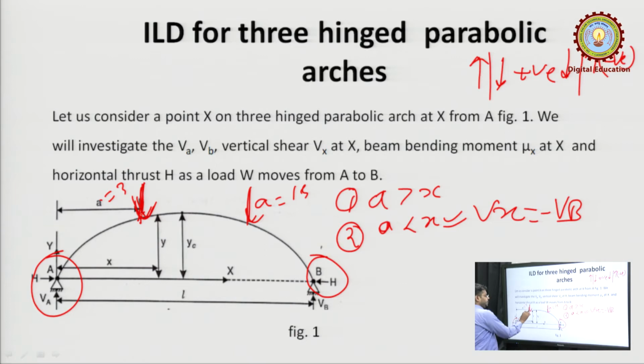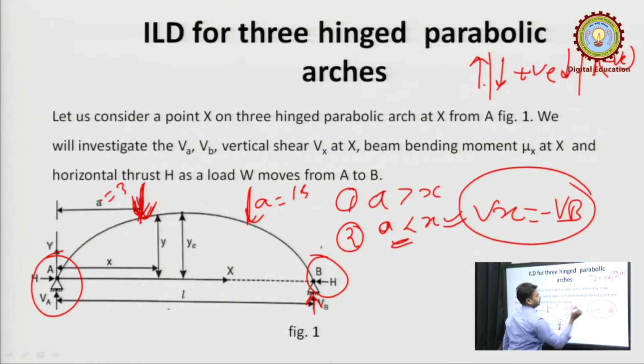Now your load is working here and A is less than x. If A is less than x, you can take the right side of the section. When you are taking the right side of the section, is load going downward or upward? Load is going upward. If load is going upward, then we will take a minus sign.